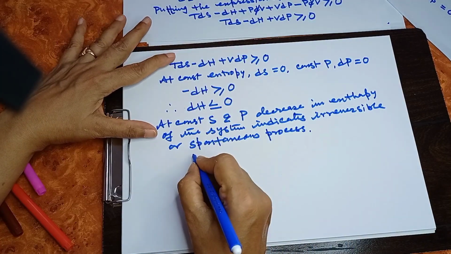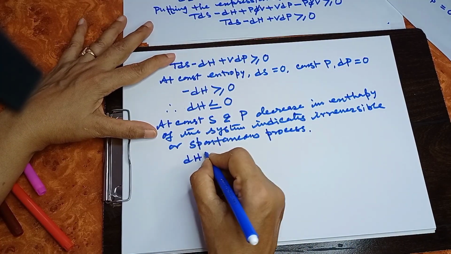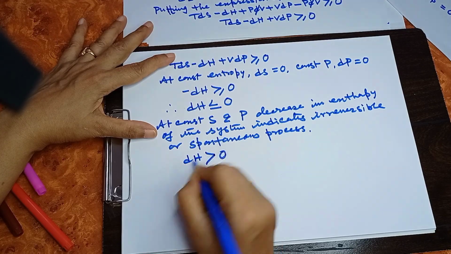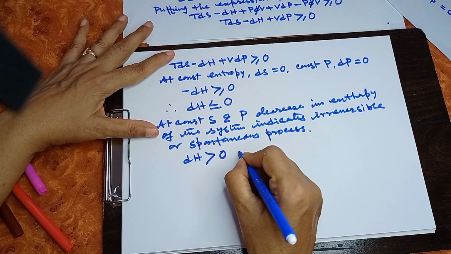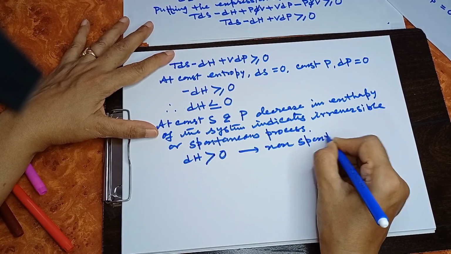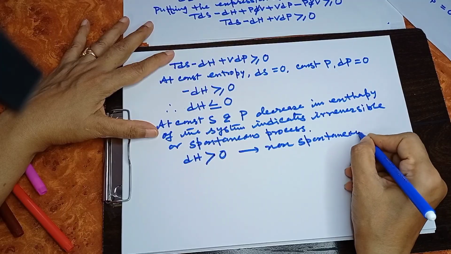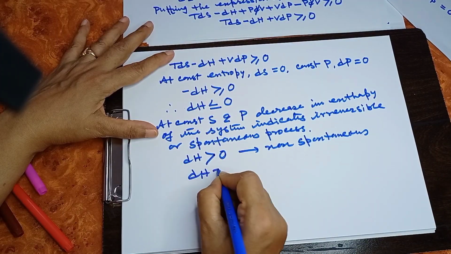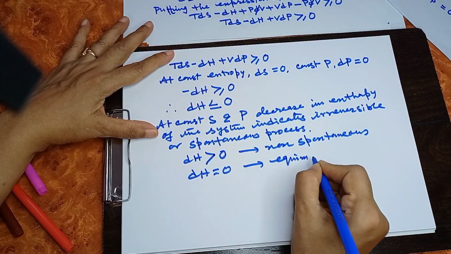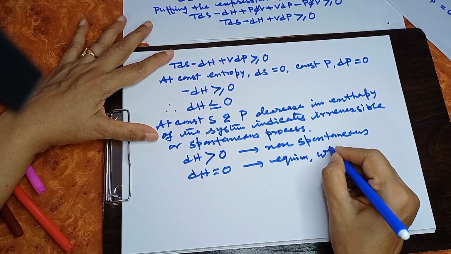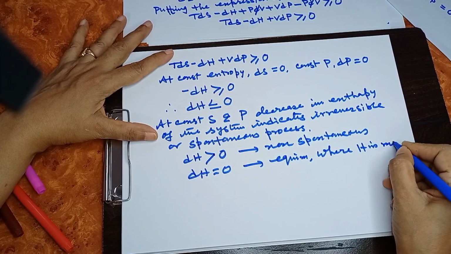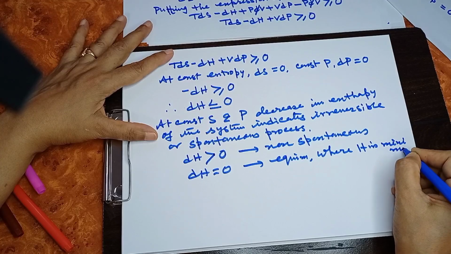So if dH is greater than 0, or increase in enthalpy, that indicates non-spontaneous. And when it is equal to 0, that indicates equilibrium, where H is minimum, enthalpy is minimum.